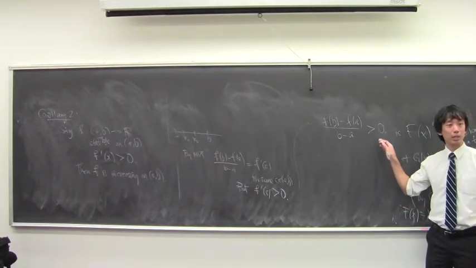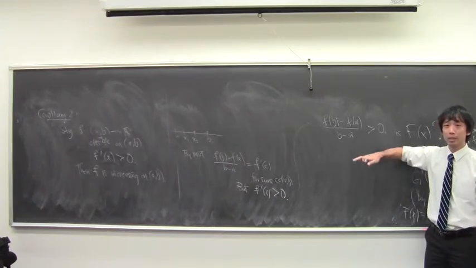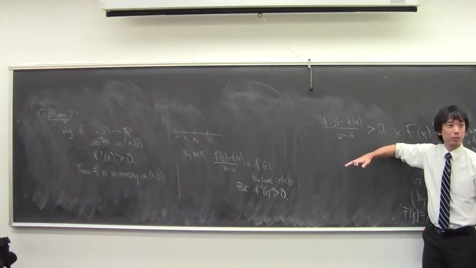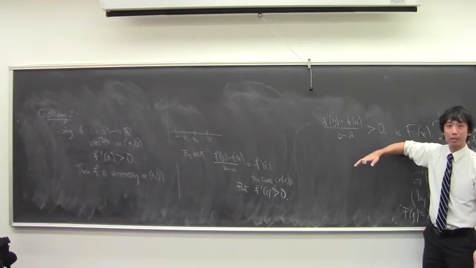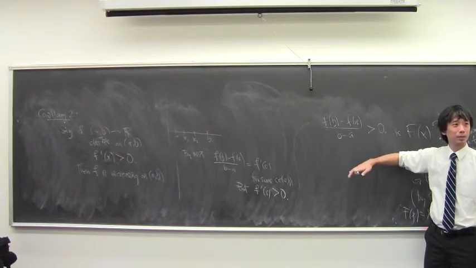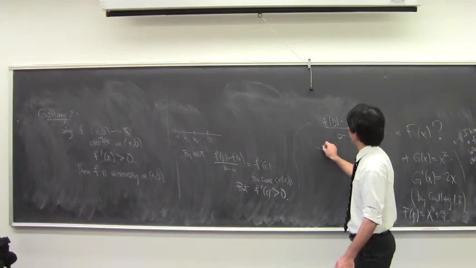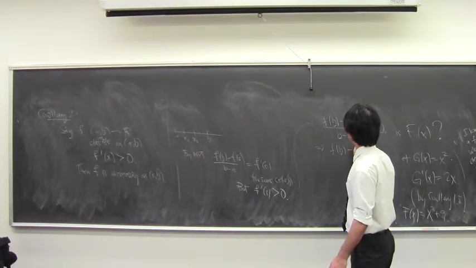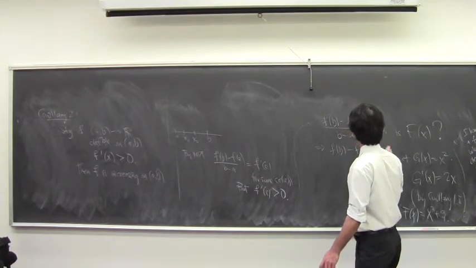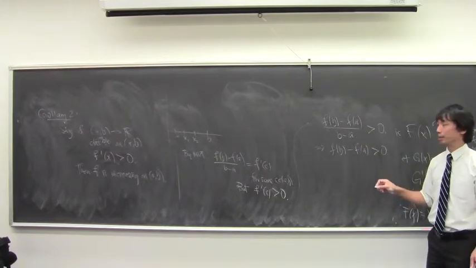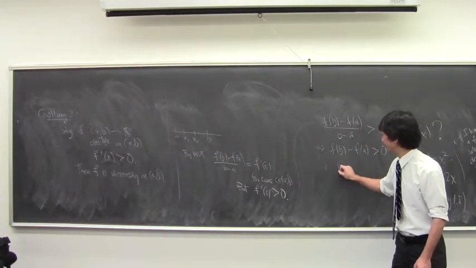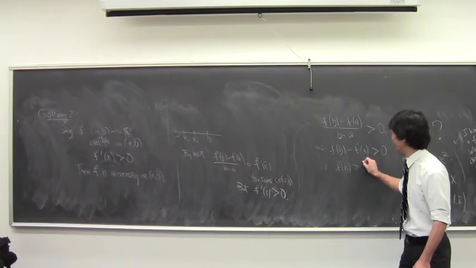That's to say that the slope of the line between those 2 points is positive, and so this guy on the right must be bigger than the guy on the left. Or you just multiply both sides by b minus a. Then f of b minus f of a is greater than 0. In other words, f of b must be bigger than f of a.